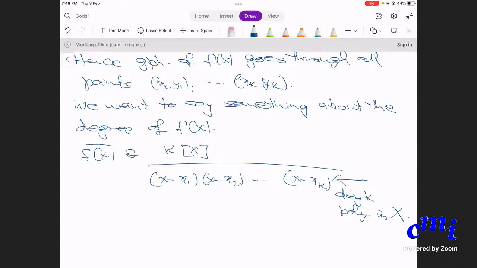I want to say that any element of that ring can be represented as a coset which is represented by a degree k minus 1 polynomial.